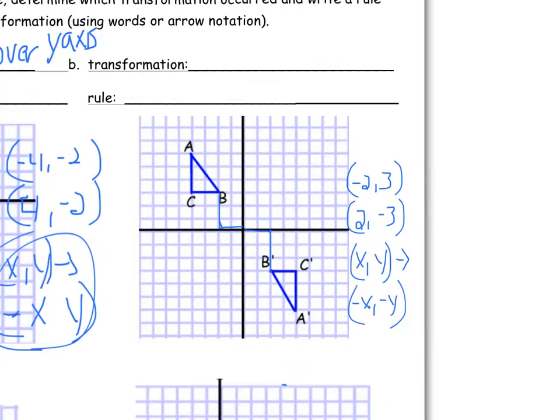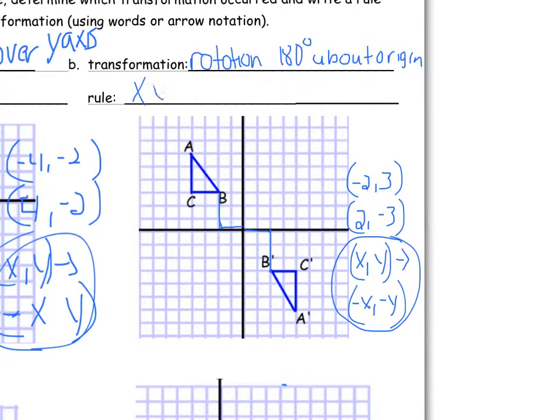So if I look at my coordinate notation and I scan to see which one fits this, the transformation is rotation 180 degrees about the origin. We don't need the direction because it's 180 degrees. And this is what you would have for your rule, -x, -y. Please, I hope you're correcting and making changes and making this beautiful.